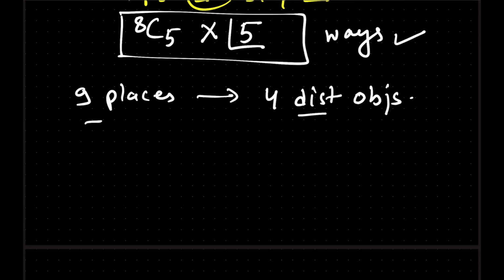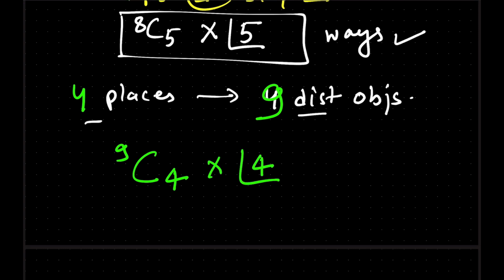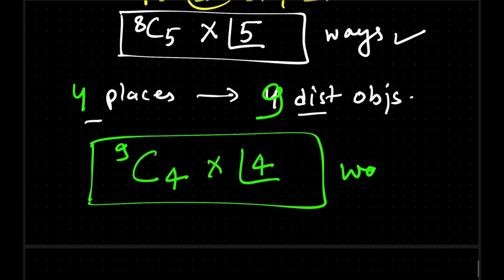I have written it reversed. Suppose 4 places are there and 9 objects are there. In that case you should first select 4 objects out of the 9 objects and then arrange those 4 objects. So that is the number of ways. I hope I have cleared this concept.